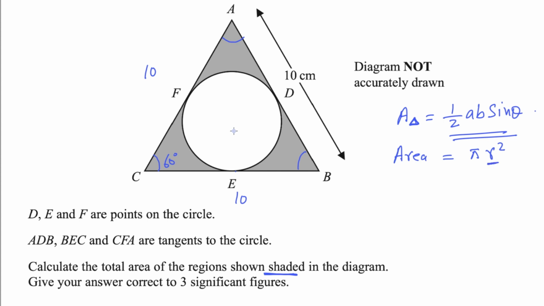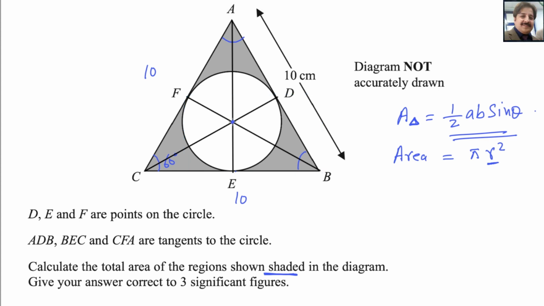So how to find the radius r? This is the tricky thing in this question. Join the vertex with the midpoint. For sure, this line and that line. If you join them, they will meet at one point, the center. This is the radius, the center of the circle.